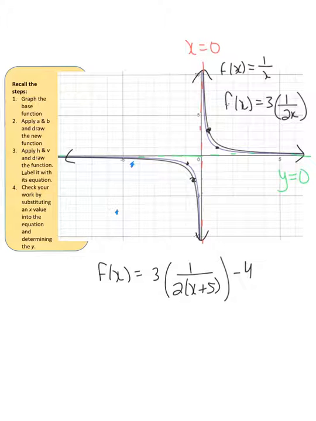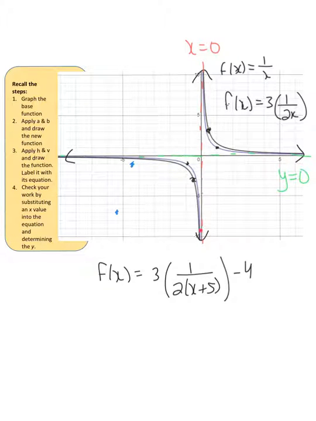Plotting those 2 points is not enough. We also need to know where our asymptotes are. Vertical asymptotes are affected by horizontal translations, left and right, and horizontal asymptotes are affected by vertical translations, up and down.